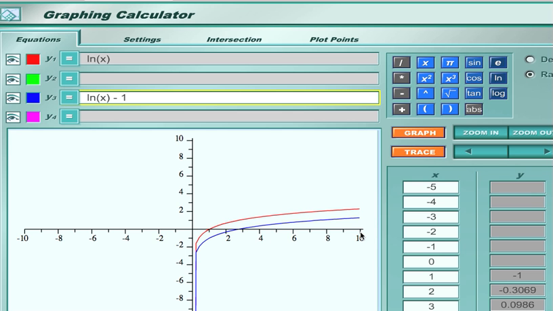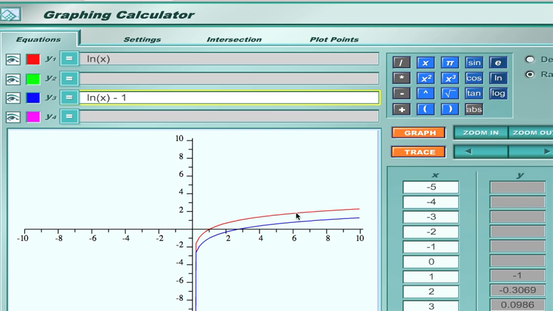Now what about the range? Those are the y values that are generated for all our input values. And as you can see, in the negative direction, we're simply going to get larger and larger negative. And so this one part of the range is going to be towards negative infinity. What about in the positive direction here?